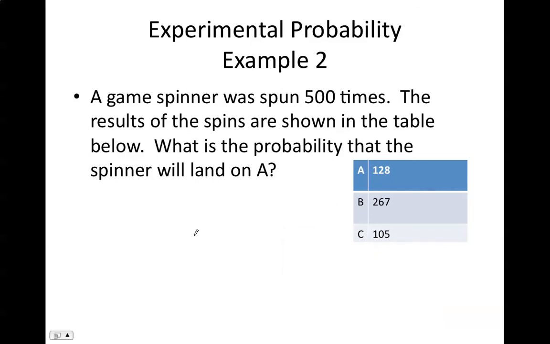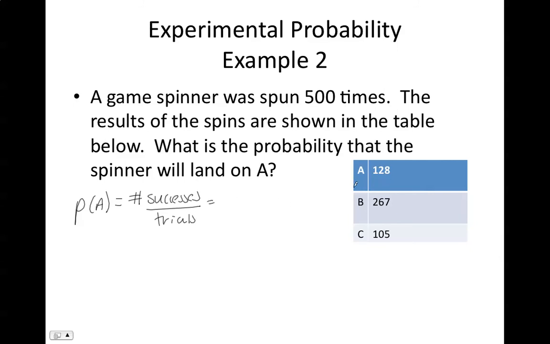All right, so in this question, a game spinner was spun 500 times. The results of the spinner are shown in the table below. What is the probability that the spinner will land on A? All right, well, if we use our formula that we know, the probability of the spinner landing on A equals the number of successes over the trials.